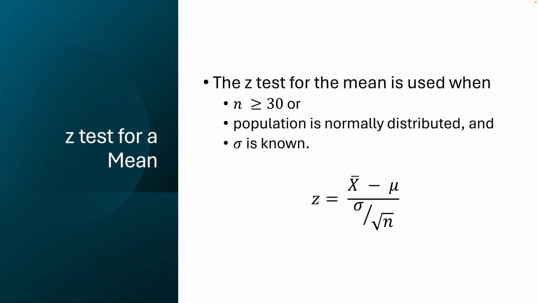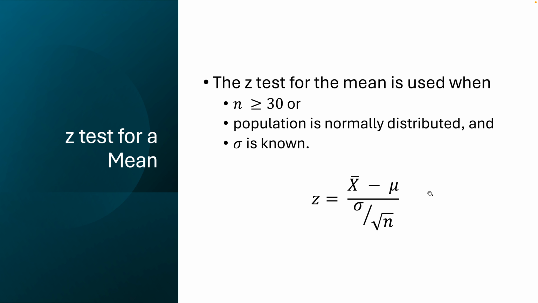Specifically, we use the specific probability distribution function for the specific conditions in the data. So we have a z-test for the mean when the sample size is greater than 30 or the population is normally distributed, and we know the population standard deviation.